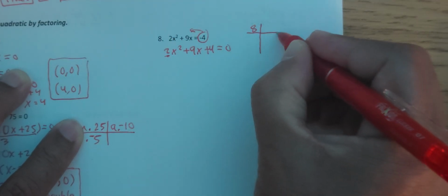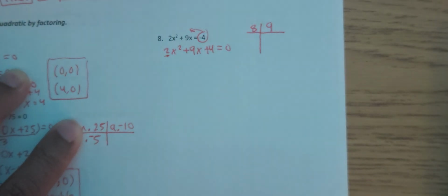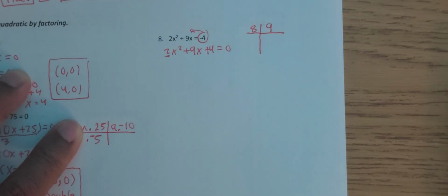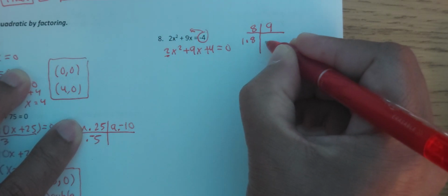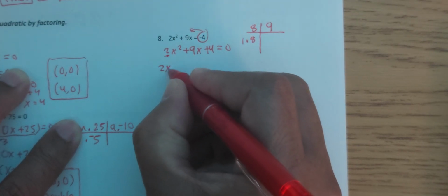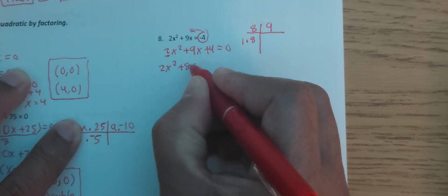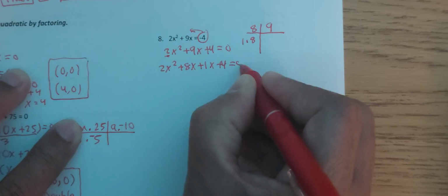Then I need to find the multiples of 8 that add to 9. That's simple: 1 times 8 is 8, and 1 plus 8 is 9. So then 2x squared plus 8x plus 1x plus 4 equals 0.